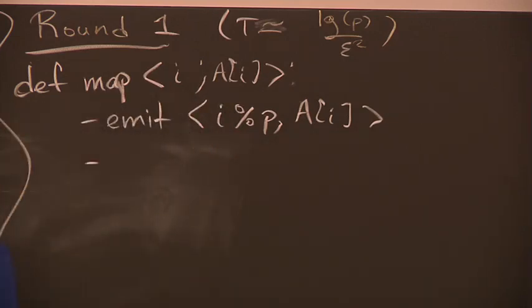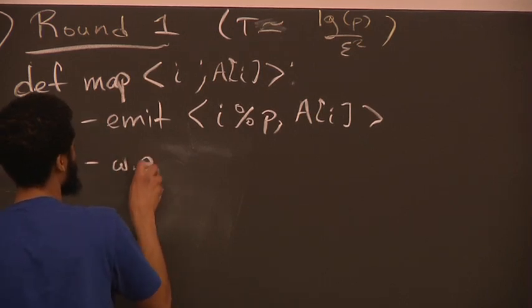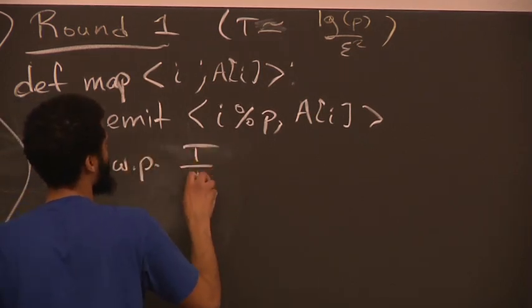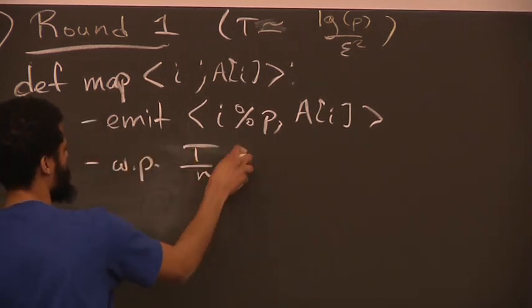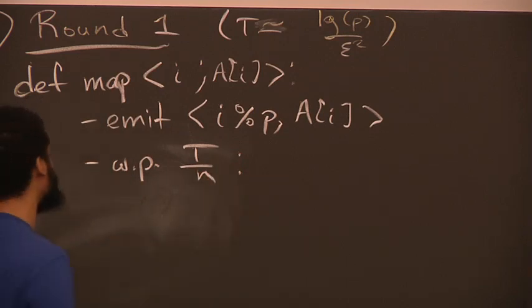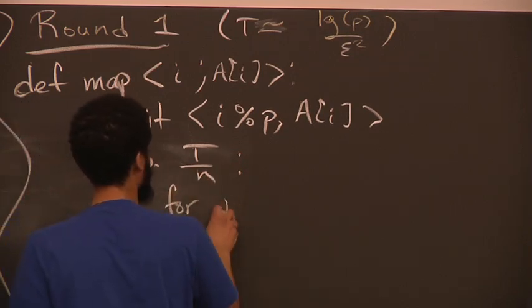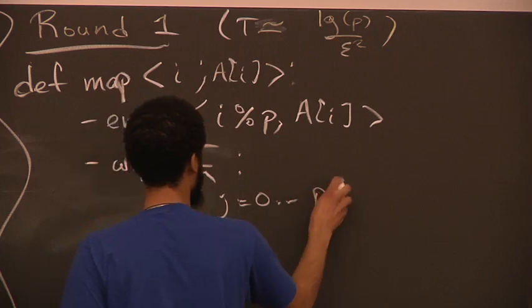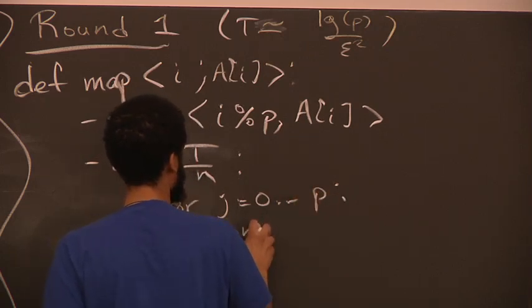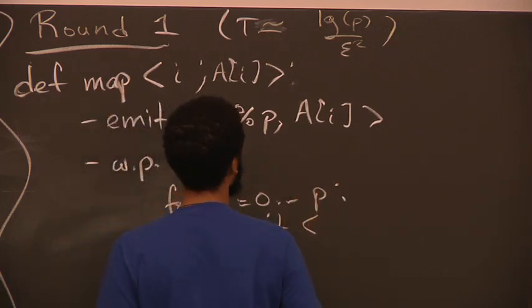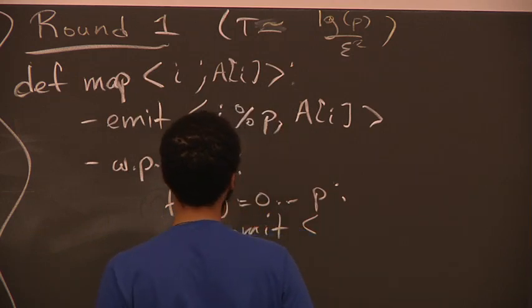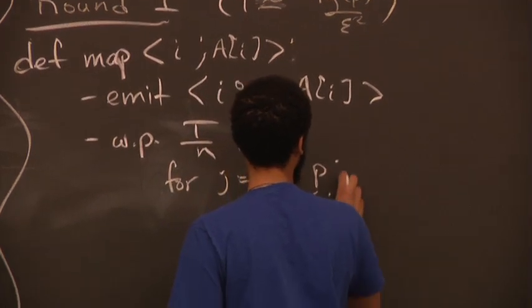The other thing we're going to do is, with probability t over n, we flip a coin, and for j equals 0 up to p, we emit (j, A_i).